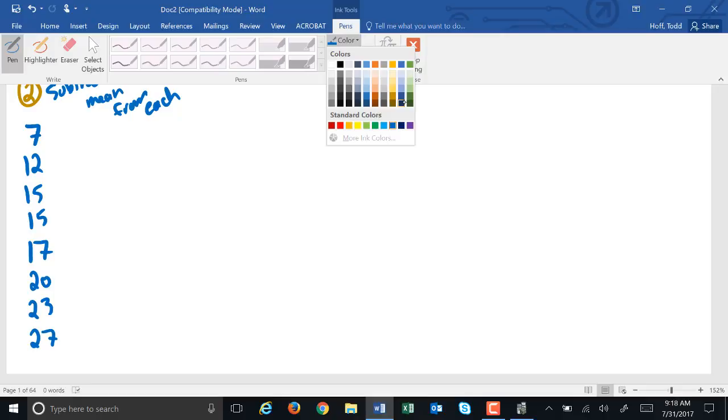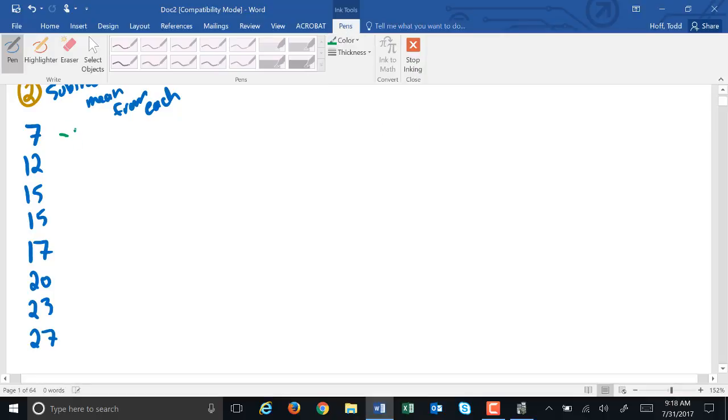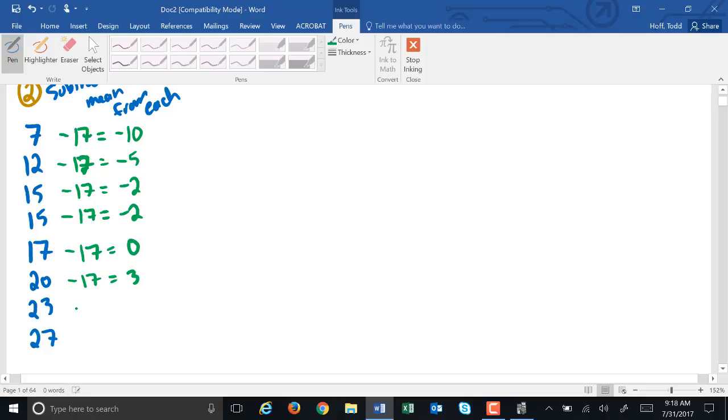And we are going to subtract 17 from each. 7 minus 17, negative 10. 12 minus 17, negative 5. 15 minus 17, negative 2, and I bet it's still negative 2 for the next one. 17 minus 17, 0. 20 minus 17, 3. 23 minus 17 is 6, and 27 minus 17 is 10.